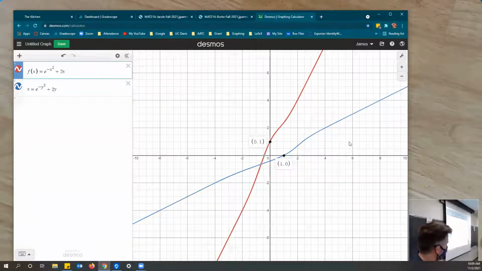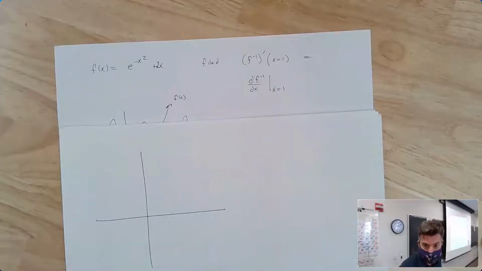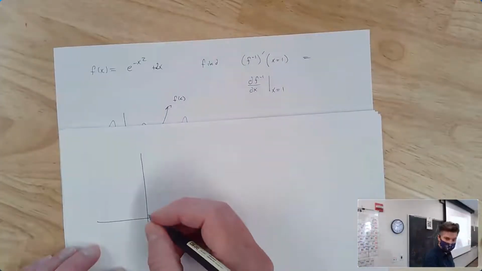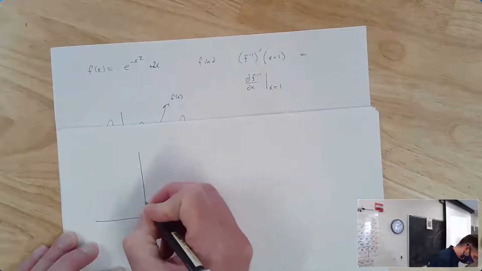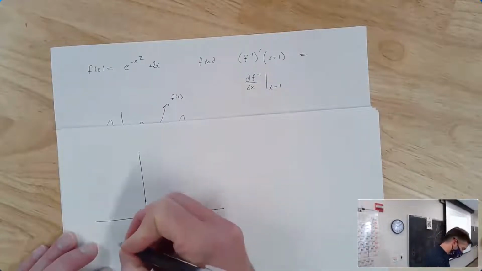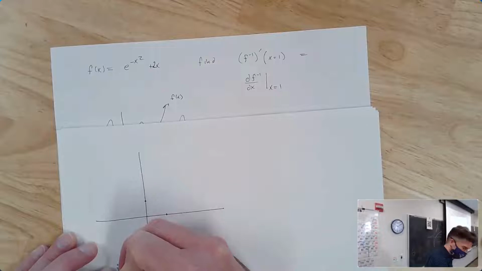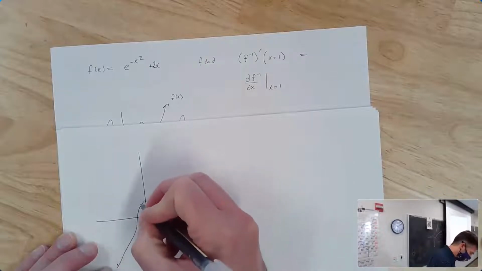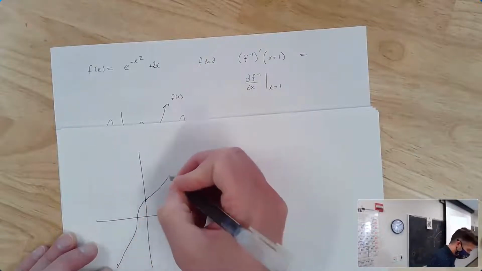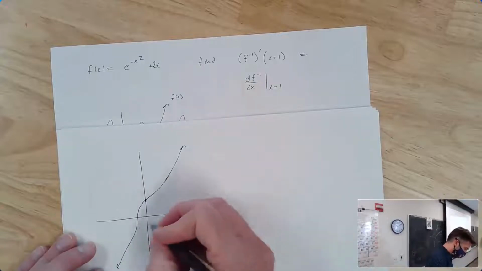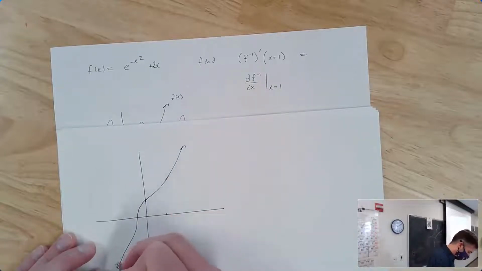I could draw them in there if you really need me to, but I'm just going to draw them on this piece of paper instead. So let's try and make this look relatively nice. You guys watch me fail at trying to draw this picture decently. So we've got 1, 0, 0, 1, and this one looks like this. And here's the mirror image of it in the other line.